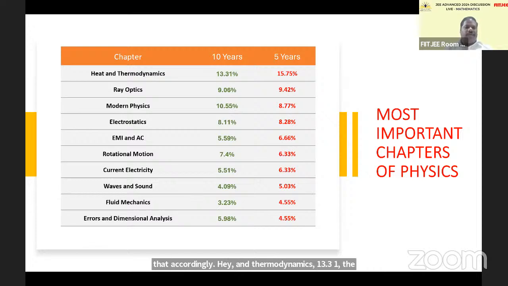So the average in 10 years was less. So this is how you refer to it. Ray optics, modern physics, all these, you can take a screenshot of this. This is just for info and statistics, provided for you to prepare and work on. This is the average of the last 5 years.